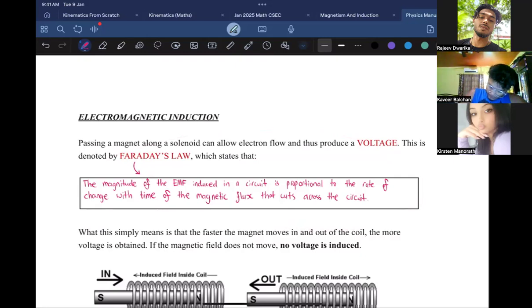Okay, so do you know what EMF means? It means electromotive force, and it's a fancy word for voltage.